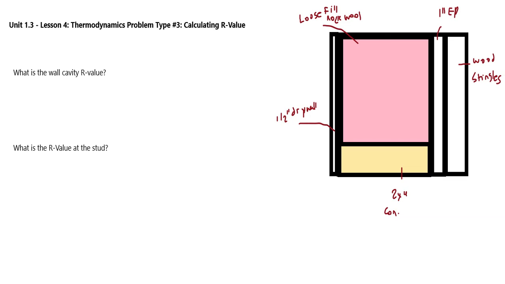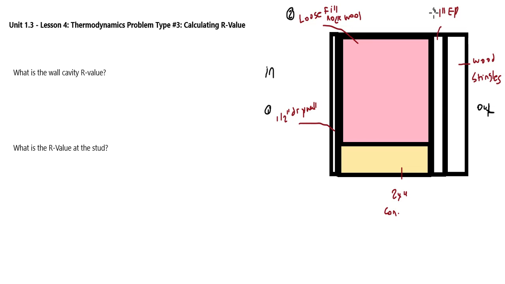Let's say this is component 1, half inch drywall. This is going to be inside, and then we have the wall, and here's outside, because we have the shingles. Then this is the loose fill rock wool, the insulation, and that's why I made it pink.